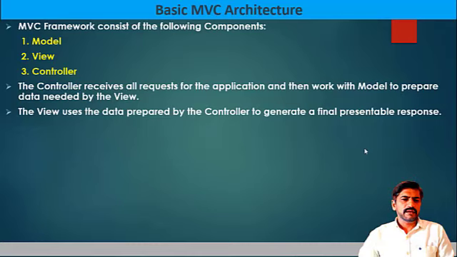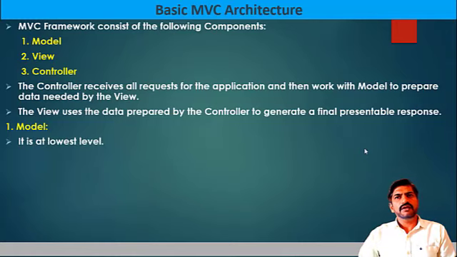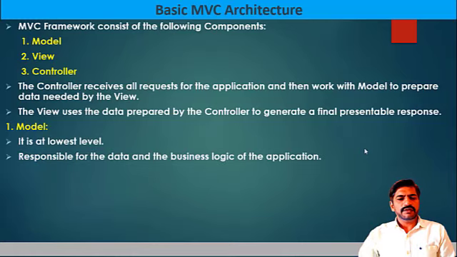Okay. So let's see the model component in detail. The model is the lowest level in the basic MVC architecture. It is responsible for the data and the business logic of the application. That is, the model contains the business logic and the data.